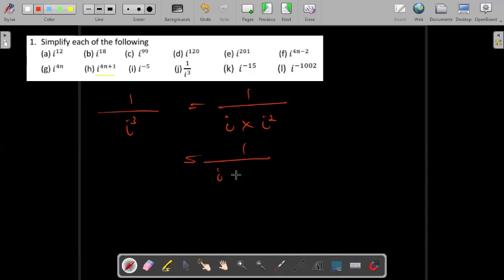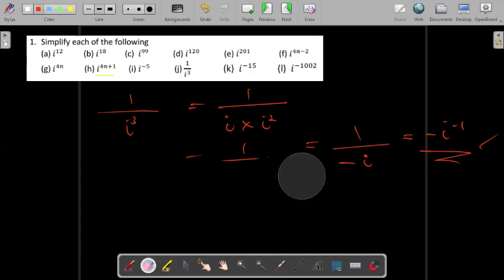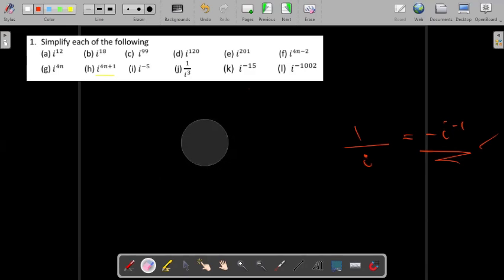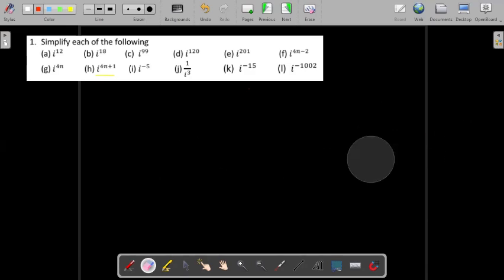And I'll say that multiplied by negative 1. And this here is just going to give me 1 over negative i. And of course, it's the same as negative i to the power negative 1. And this is what that simplifies to. Okay. Or leaving it as that fraction, where you had 1 over negative i, is still okay.